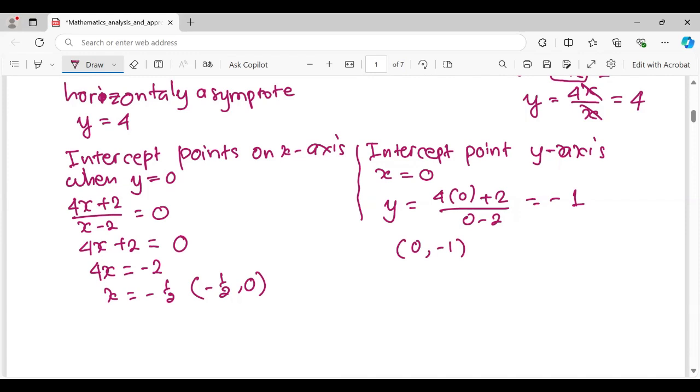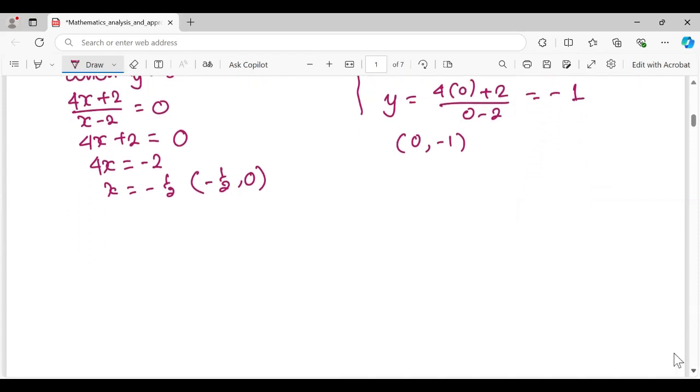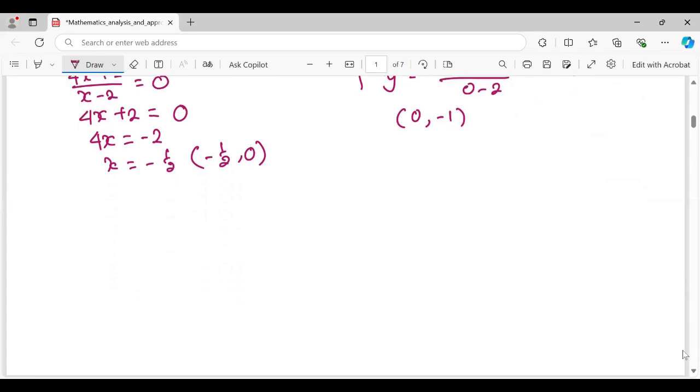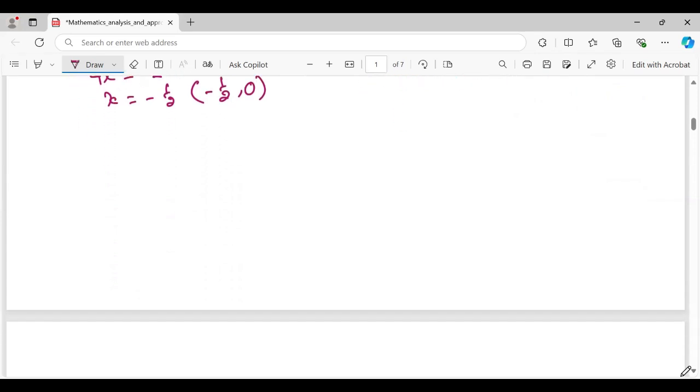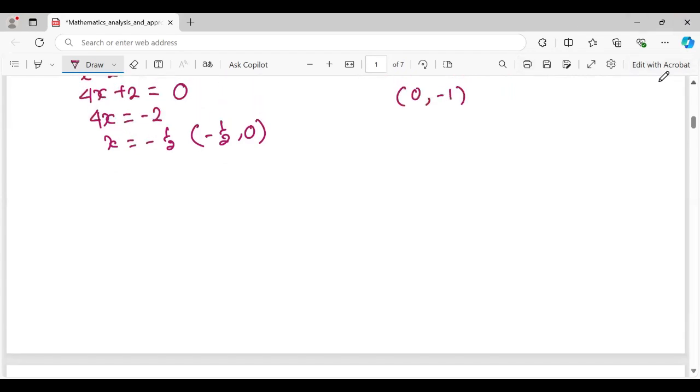Let me sketch this graph. Okay, this graph here. This is the y-axis, and this is the x-axis.